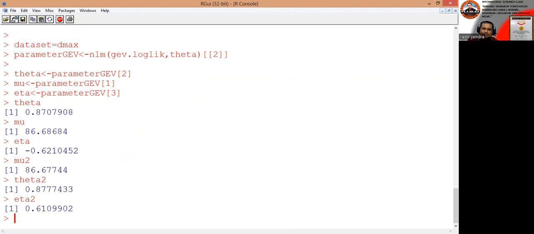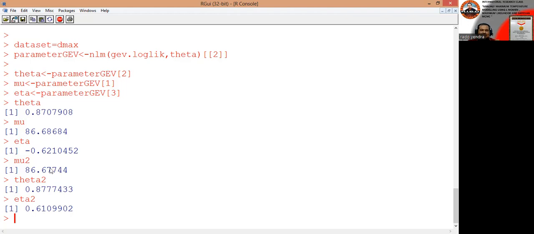You can check here the parameter C or mu by using maximum likelihood, and by using L-moments. It is a very small difference.